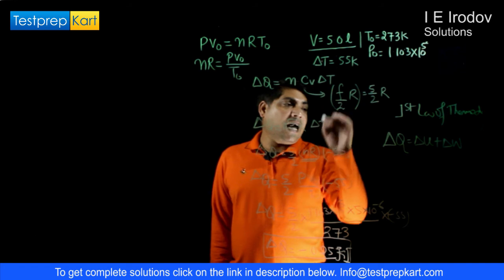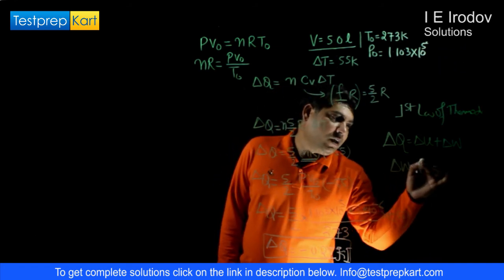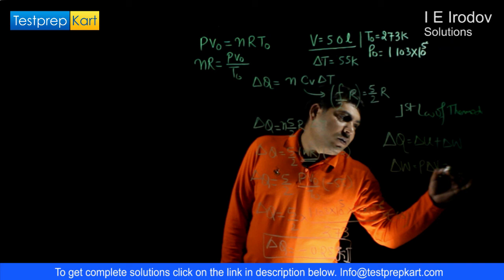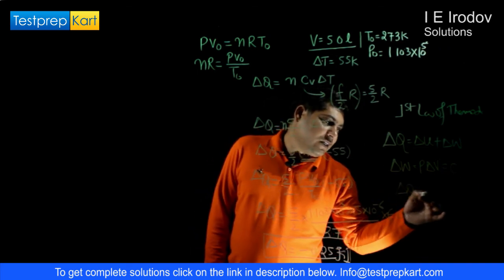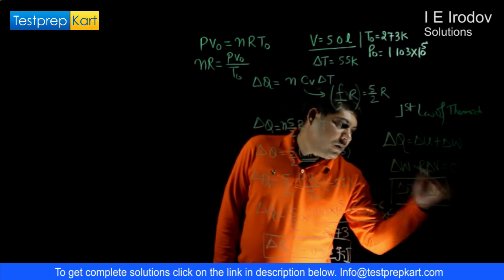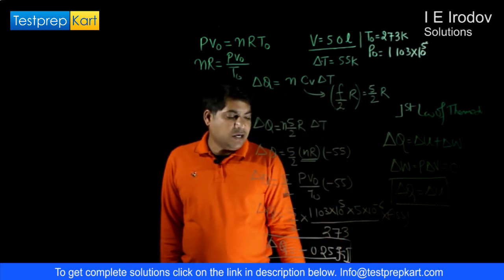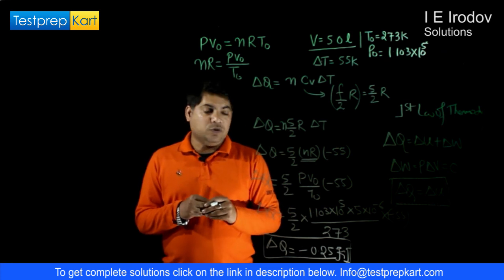It's an isochoric process, and the work done, P into delta V, is equal to 0. It means the change in internal energy would be equal to the heat lost by this system. So delta U is also equal to minus 0.25 kilojoules.